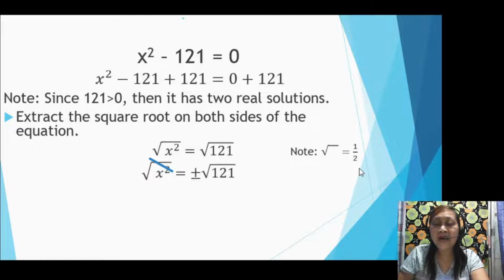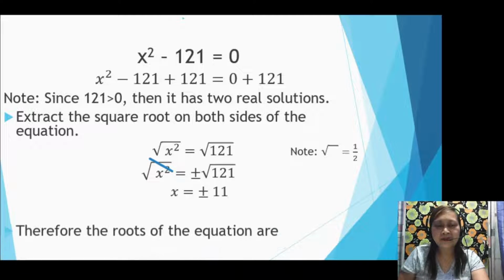So 1/2 times 2 is equal to 1. That's why our resulting term is x, because x has an exponent of 1 here, is equal to positive and negative the square root of 121. Of course, 11, because 11 times 11 is 121.